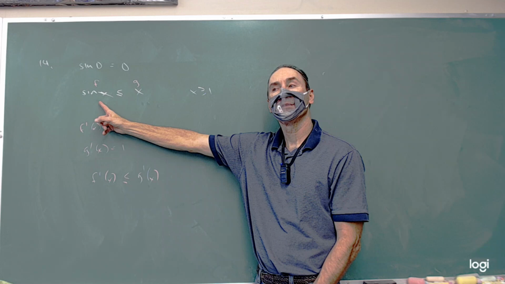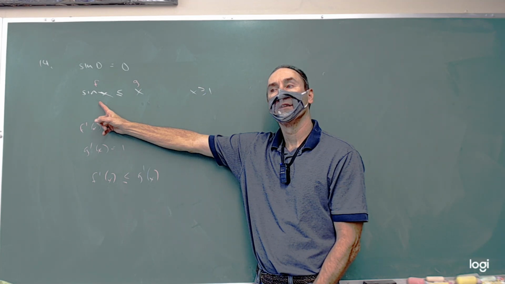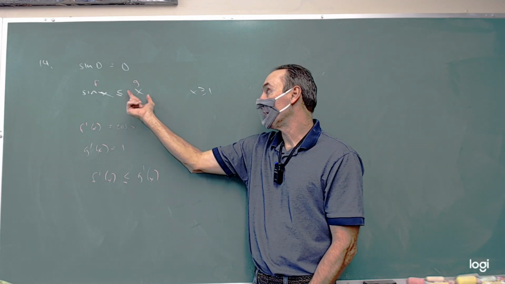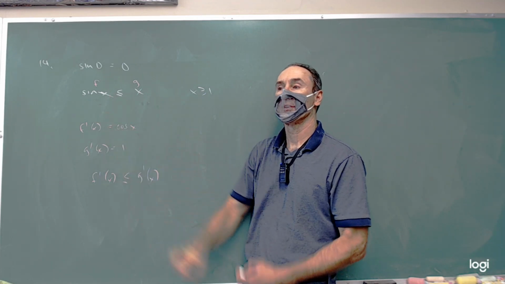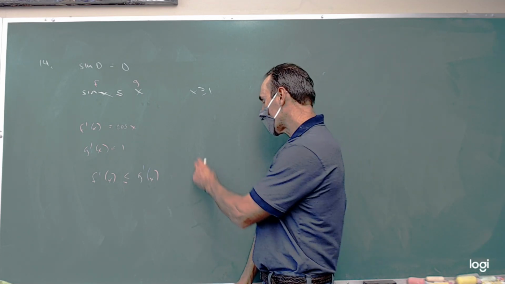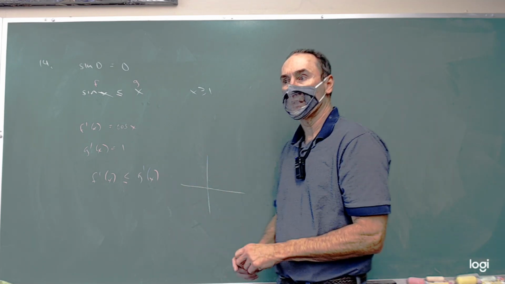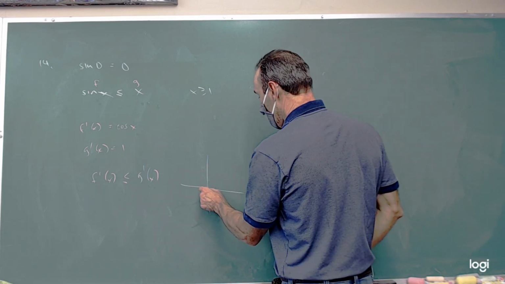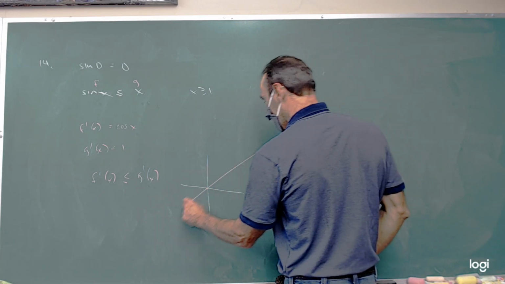Let me say that again. That means g of x must always be greater than or equal to sine of x, which you can kind of see. If you look at the graph, it's pretty clear. If you look at y equals x, it's going to look something like that.